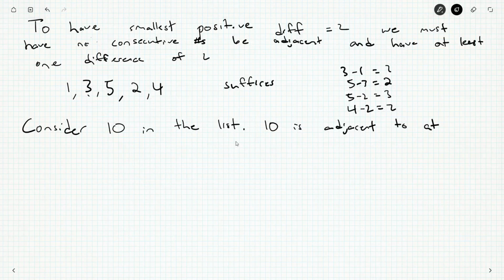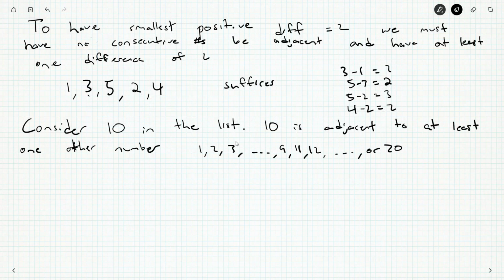It could be at the start or the end, but it's adjacent to at least one other number. So 1, 2, 3, 9, 11, 12, or 20. I guess this would be part 1.